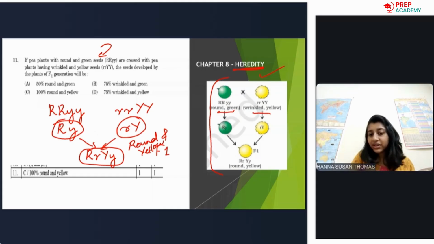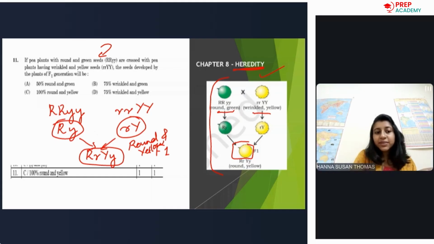That is given here. The F1 generation is round in shape because round is the dominant trait, and yellow colored because yellow is the dominant trait here. So round and yellow F1 generation arises from this fusion between round green and wrinkled yellow seeds.